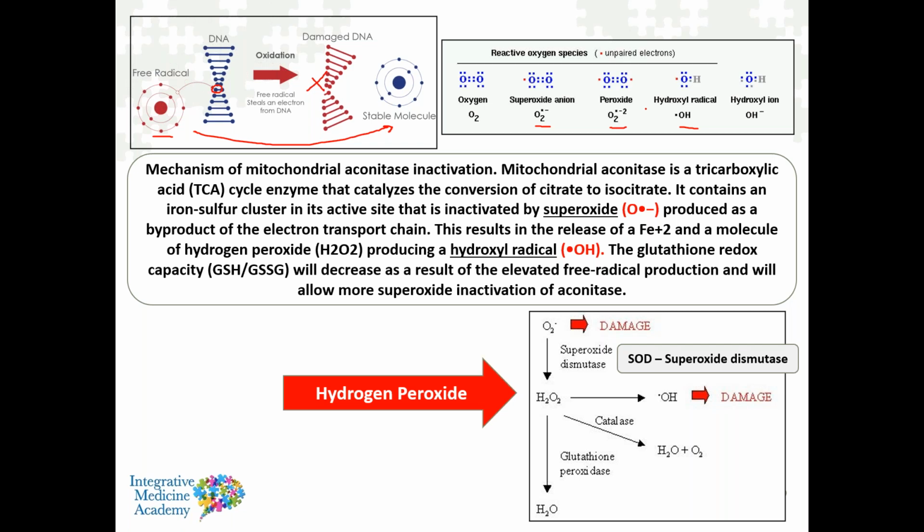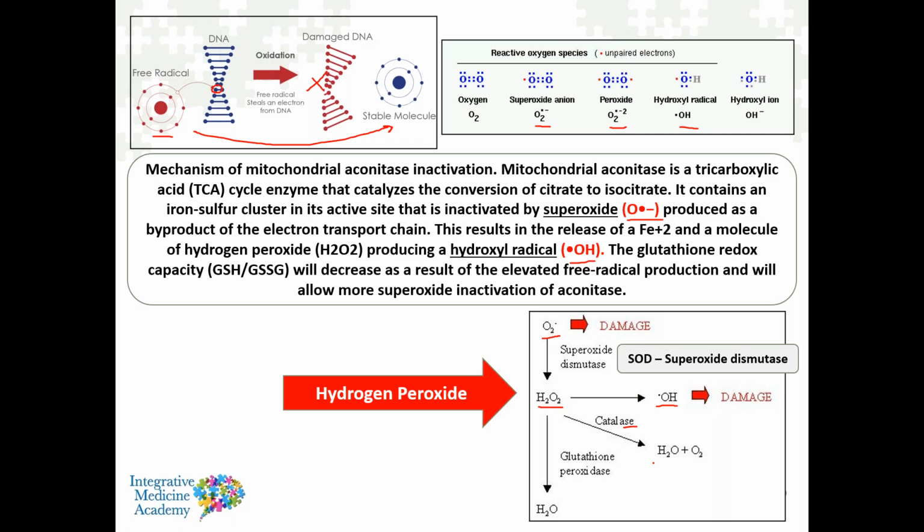So we have to watch out for overproduction of superoxides and certainly these hydroxyl radicals. Superoxide dismutase is an enzyme that helps to convert a superoxide anion into hydrogen peroxide. But hydrogen peroxide can form a hydroxyl radical.